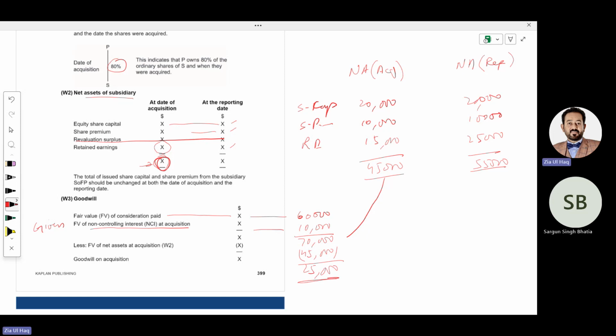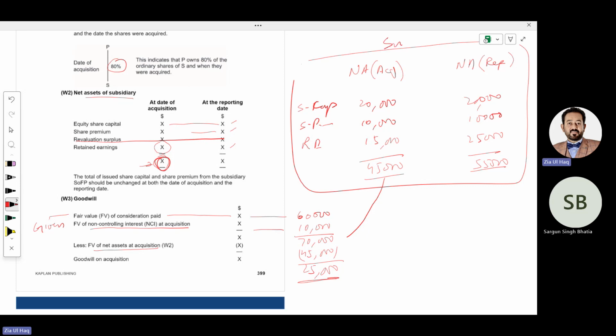But in case your holding is less than 100%, how to calculate goodwill? Consideration paid plus non-controlling interest, NCI, that will be given in the question. And the fair value of net assets acquired we will calculate by using this.